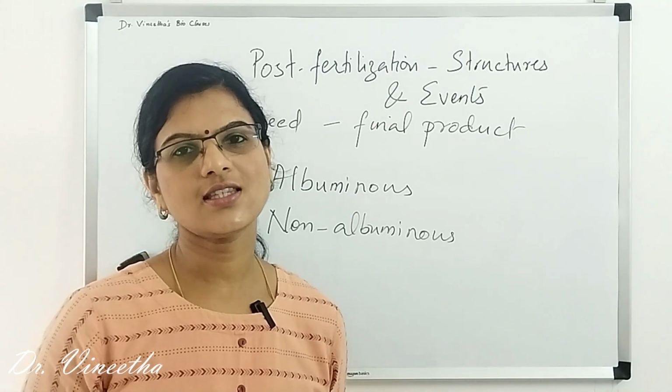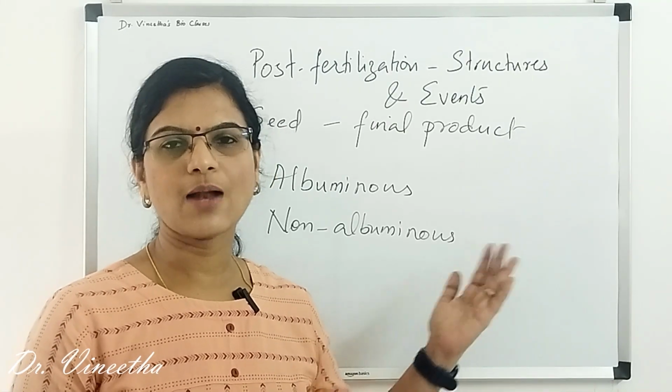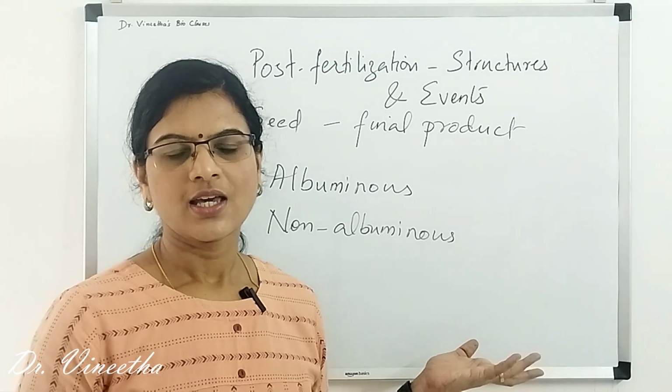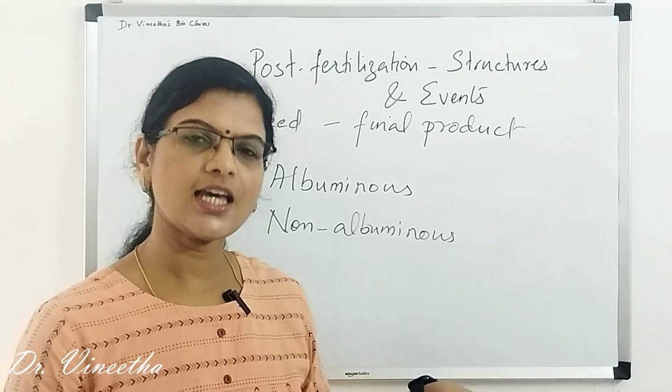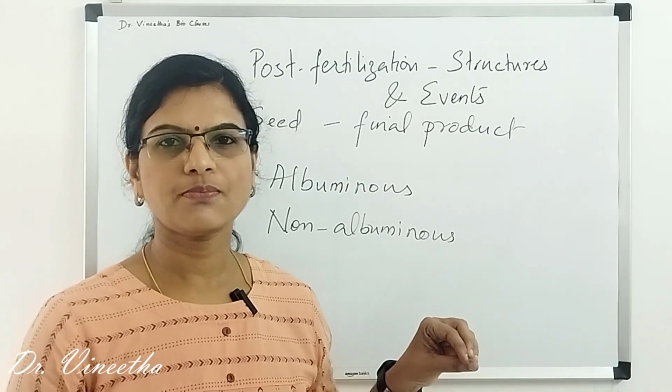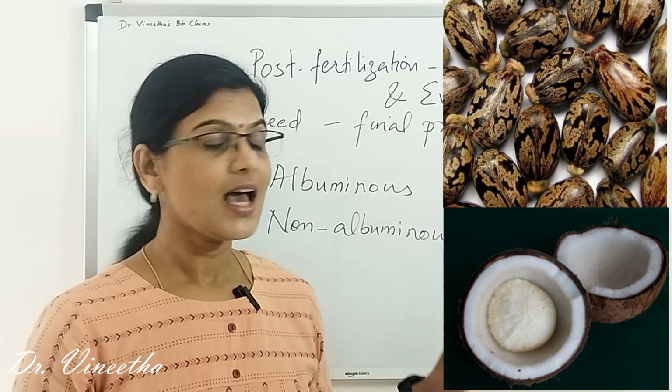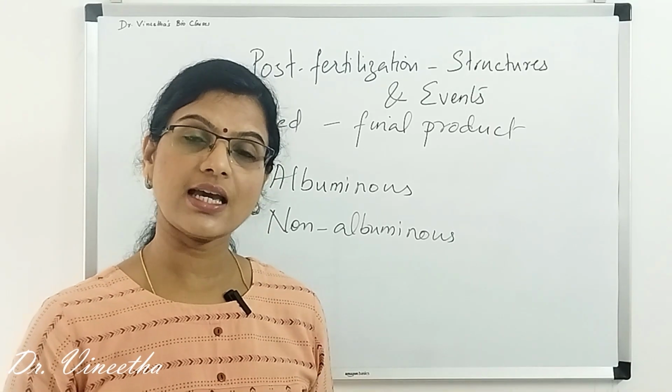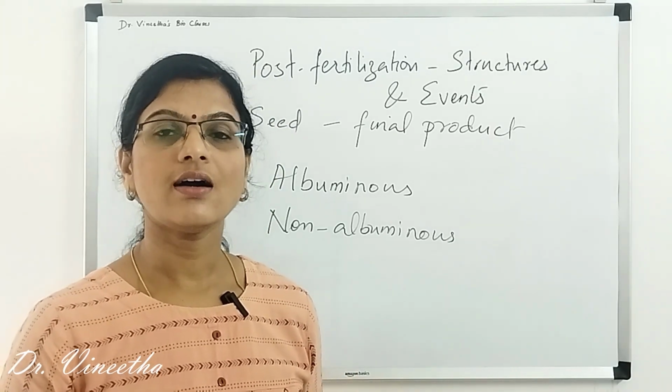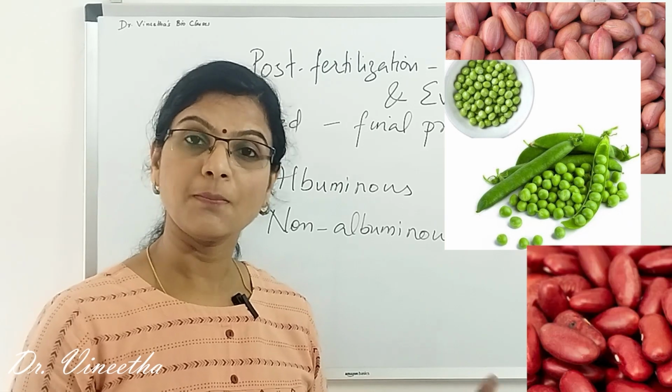We had already seen examples. The albuminous seeds which retain the endosperm are castor and coconut, and those which do not retain the endosperm are groundnut, pea, beans, etc.